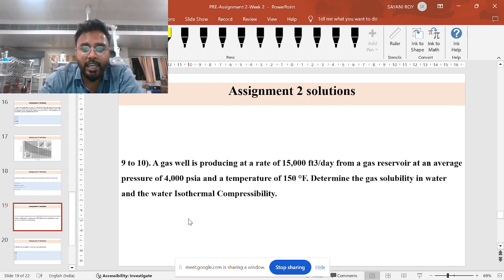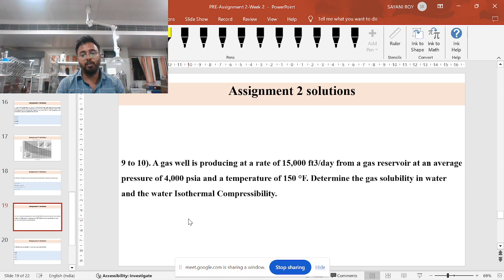The question is: a gas well is producing at a rate of 15,000 feet cube per day from a gas reservoir at an average pressure of 4,000 psi and a temperature of 150 degrees Fahrenheit. Determine the gas solubility in water and the water isothermal compressibility. Let me repeat the question. A gas well is producing at a rate of 15,000 feet cube per day from a gas reservoir at an average pressure of 4,000 psi and a temperature of 150 degrees Fahrenheit.